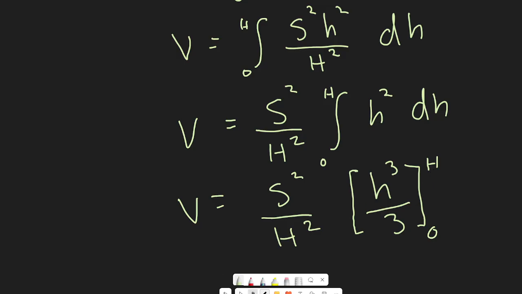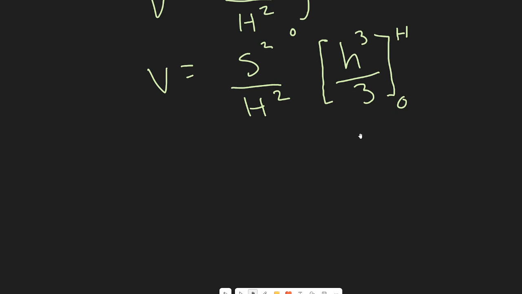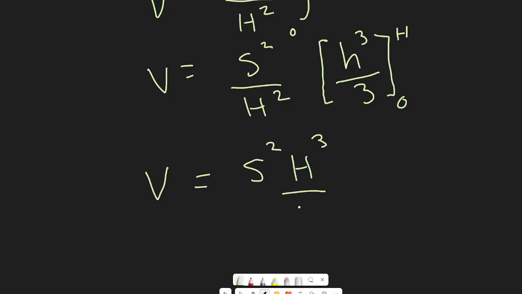0 and H. So now we just have to substitute these because they're our limits, right? And because it's 0, you know that if you substitute it, it's going to become 0, right? So we can say V is equal to S squared, uppercase H cubed divided by 3, and then you have H squared, right?